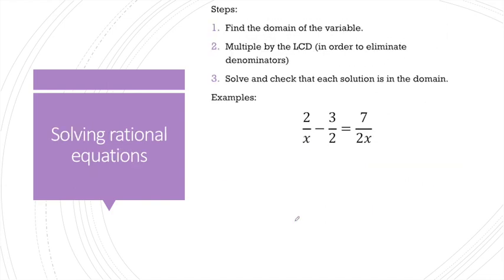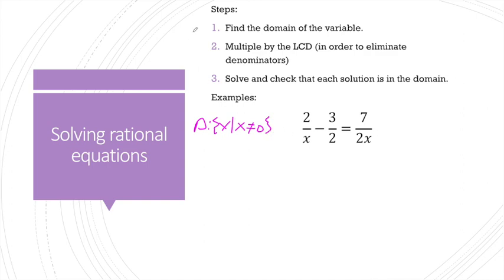Now, what if I want to solve this rational equation? So the first thing I need to do is find the domain. We found 2 slides ago that the domain of this is all values of x except when x equals 0.